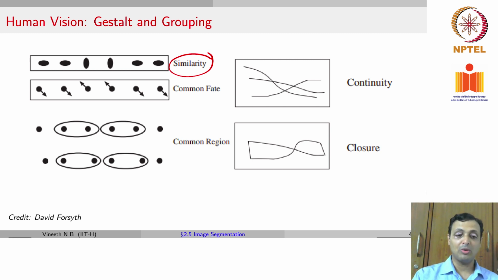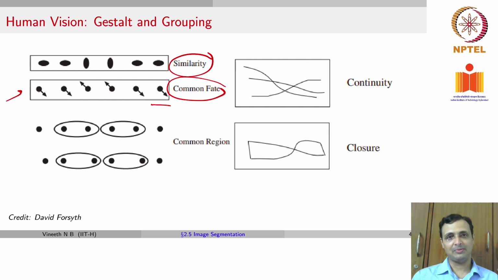You could have a common fate in terms of these arrows telling you where these dots are going. So in the second example here, all these dots are more or less lying in a straight line, but the arrows let us group them differently. So in a sense of where they're going to go along the direction of the arrows gives the human visual system a cue to how they should be grouped.